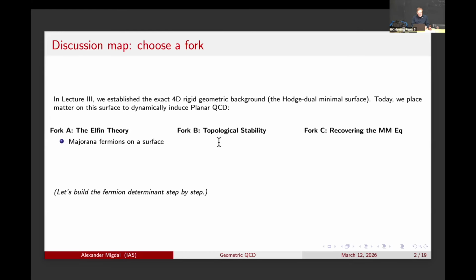Okay, before that, I will tell what exactly I'm going to talk about. There will be this ELF theory, which is Majorana fermions on the surface with certain boundary conditions. And there will be what is called conformal gauge invariance. It turns out that in 2 dimensions the determinant of the Majorana fermions depends on the conformal metric, and you could introduce some scaling factors in that conformal metric, and there is something which I describe as gauge invariance.